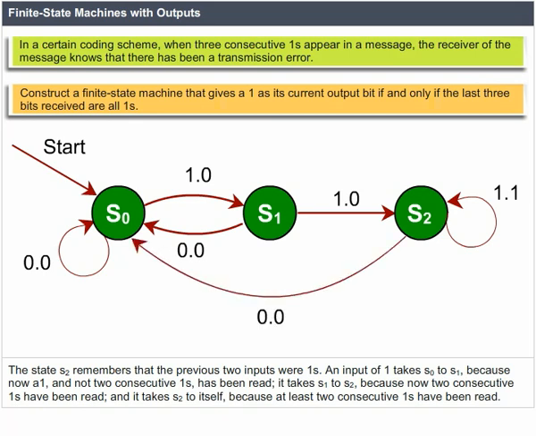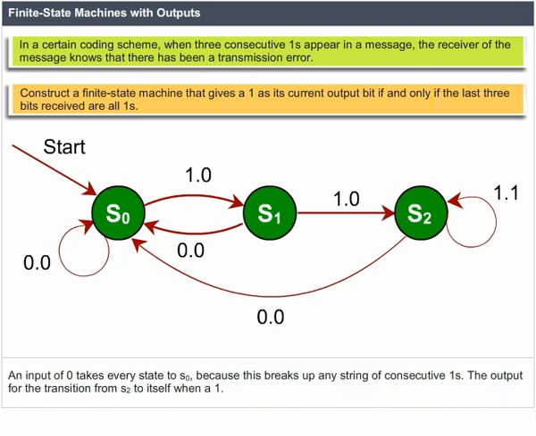It takes S1 to S2 because now 2 consecutive ones have been read. And it takes S2 to itself because at least 2 consecutive ones have been read. An input of 0 takes every state to S0 because that breaks up any string of consecutive ones. The output for the transition from S2 to itself when the input is 1 is 1.